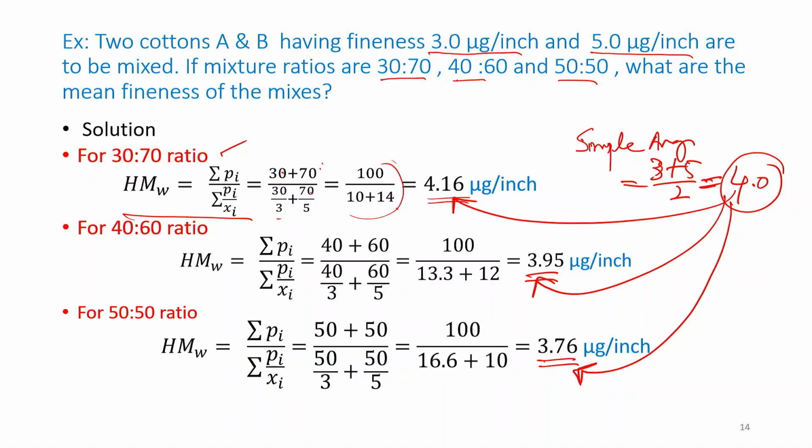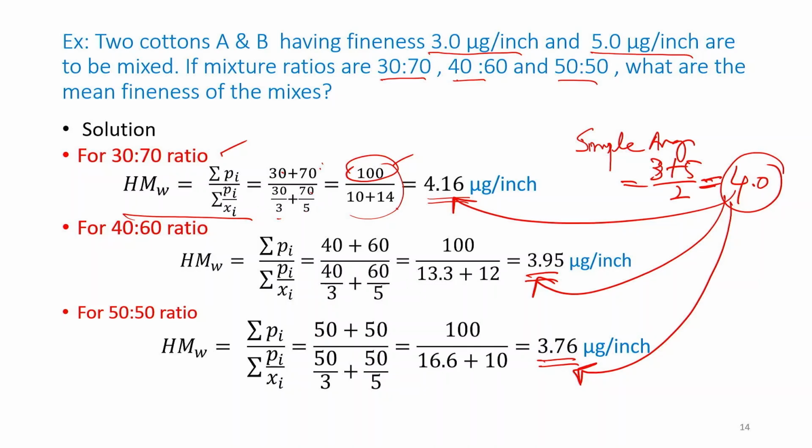If I go by the formula, you see, every time the numerator part is indicating the total quantity that you are taking, basically reflecting the weight, 30 and 70, 30 kg or 70 kg, or 40 kg and 60 kg.